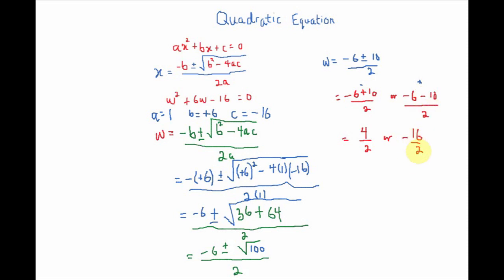So 4 over 2: 2 here, 1, 2 here, 2. Or minus 16 over 2: 2 here, 1, 2 here, 8. So we are having minus 8. So we could say w equals 2 or minus 8.